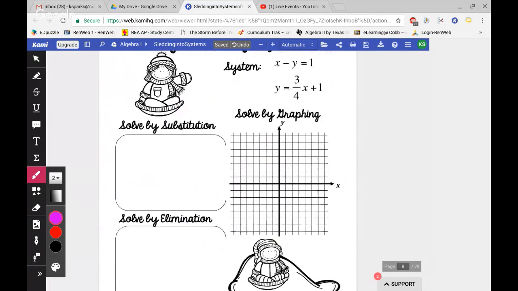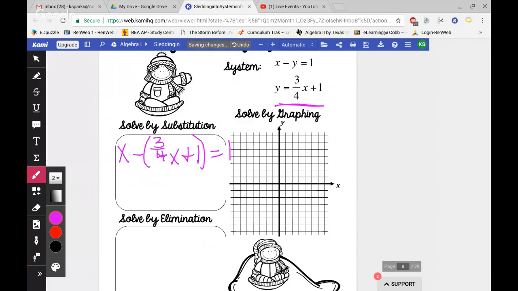Okay. This one, I'm going to use substitution because it's telling me y equals 3/4 x plus 1. So wherever there's a y, I'm going to plug that in. x minus (3/4 x plus 1) equals 1.